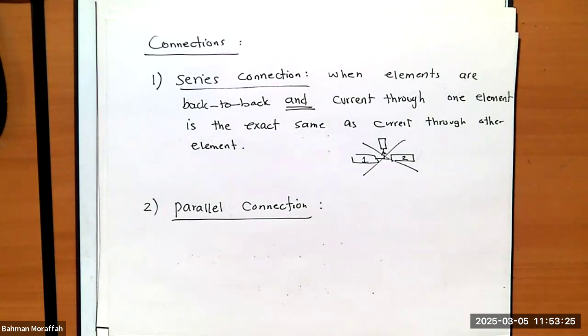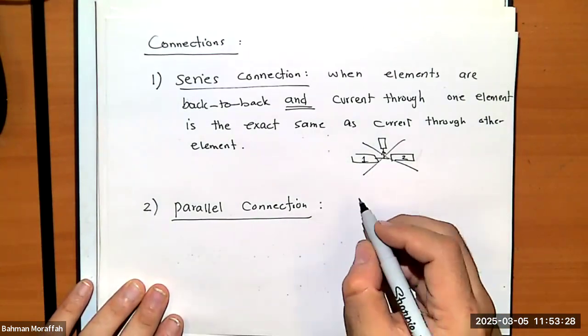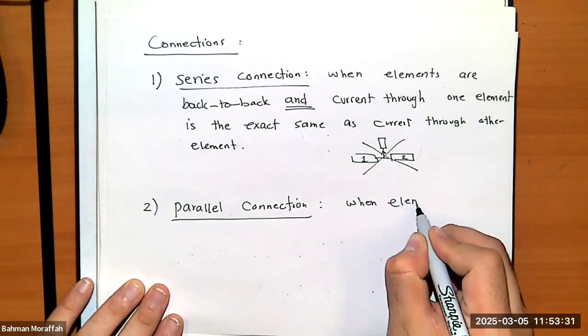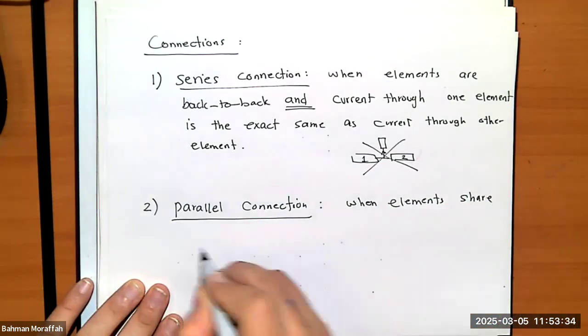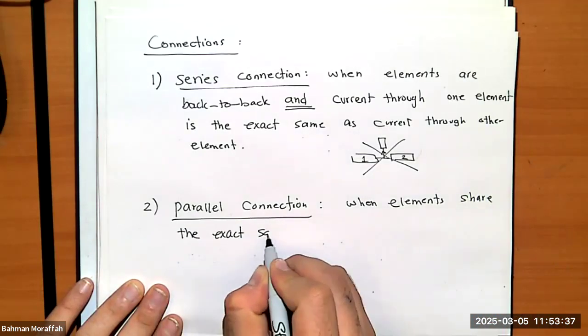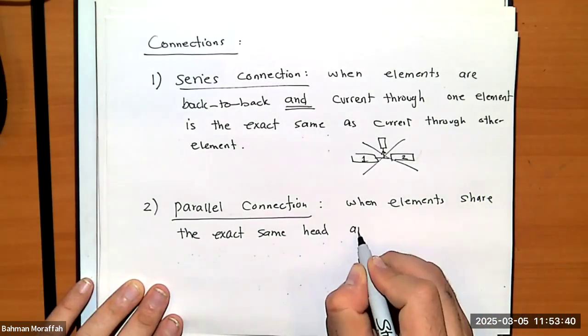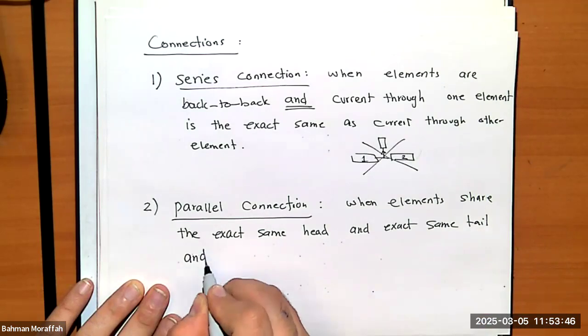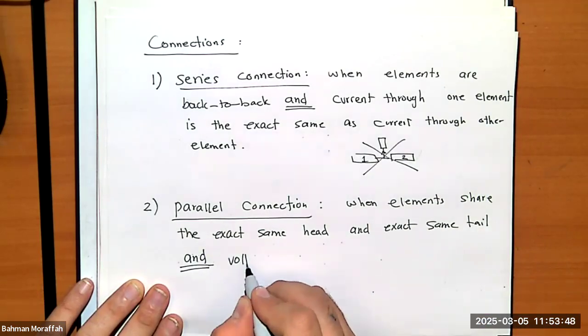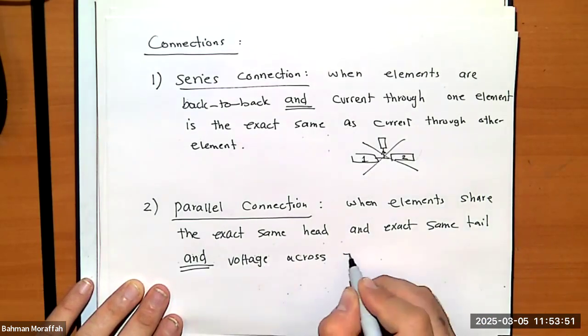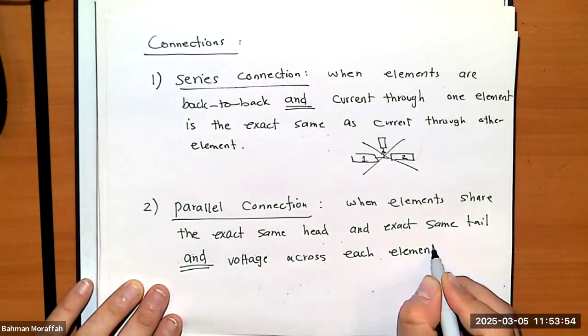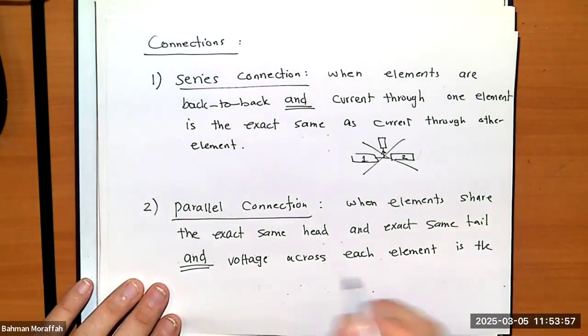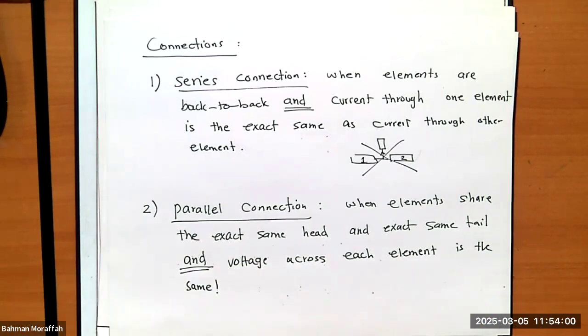So a parallel connection is when elements share the exact same head and exact same tail, and the voltage across each element is the same. Does that make sense?